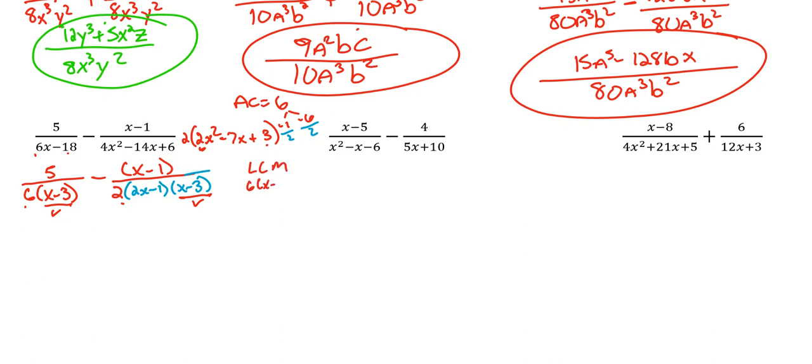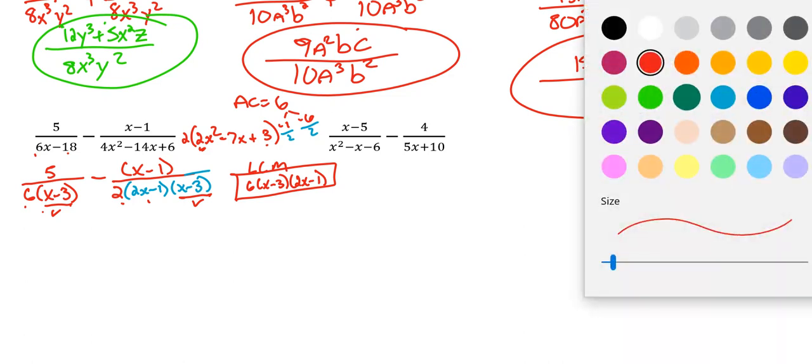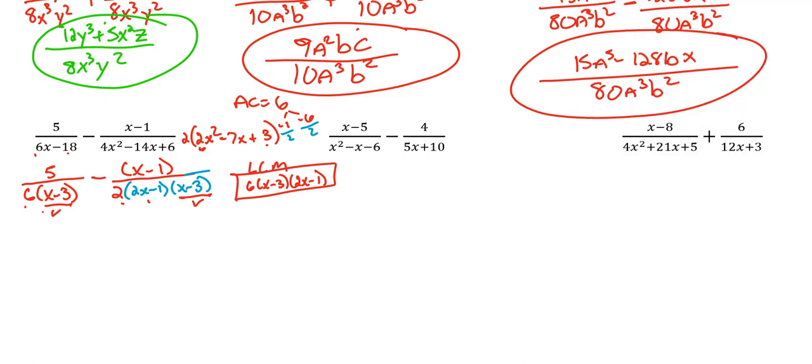We already have the x minus 3. And the other thing that's needed in both is the 2x minus 1. So this is our least common multiple, aka our common denominator. So let's rewrite it. It's going to be 6x minus 3 times 2x minus 1.